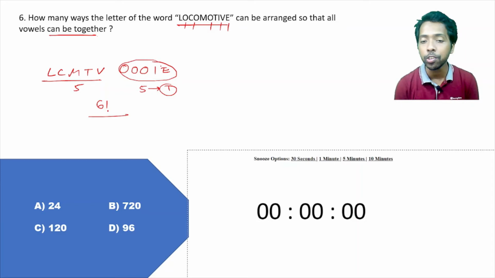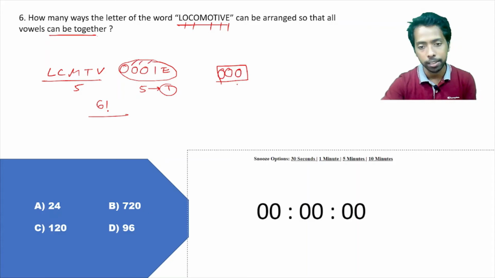In whichever manner we write these 3 O's, there is no change. If this O comes here, this O comes here, and this here, in any possible manner, is there any difference in arrangement? Absolutely not. So these 3 come in the denominator. So 3 factorial would be there. This is the total arrangement.